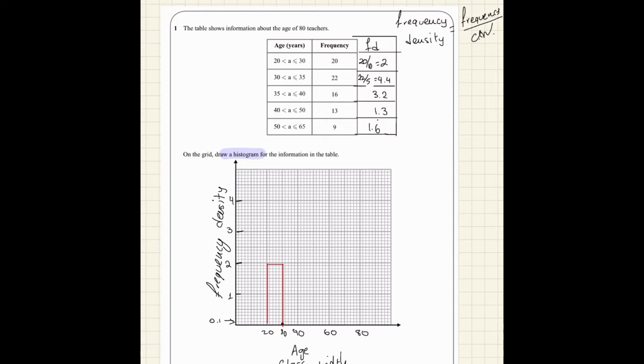Next one, 4.4, 30 to 35. 35 is there, and it goes to 4.4, which is just here. So another straight line. Continuing with 35 to 40, it's got to go to 3.2, so 3.2 is there.